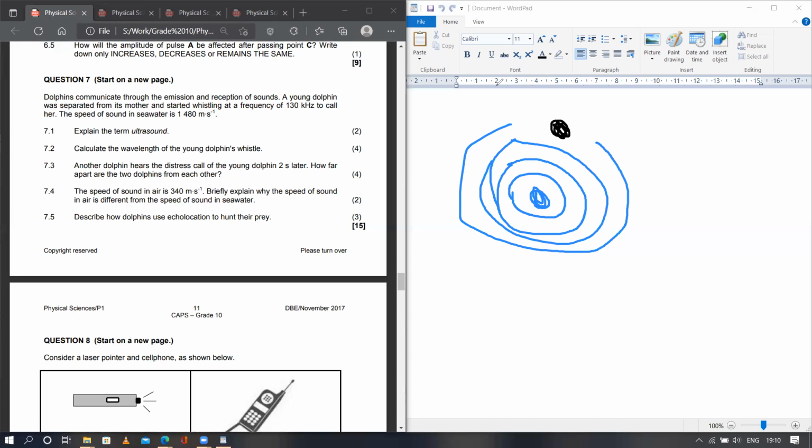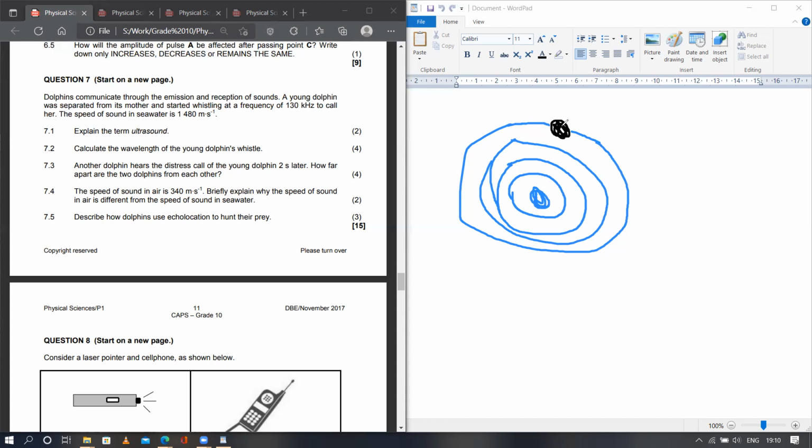So you see, dolphins emit sound, and where the sound hits something, all the other waves will travel uniformly, but at this particular place there's an interruption.